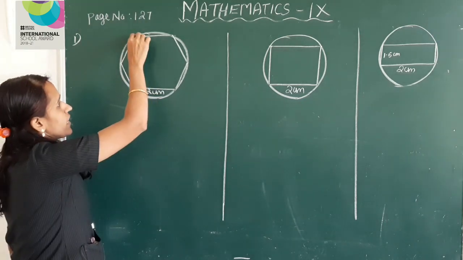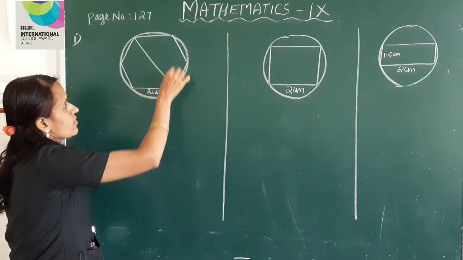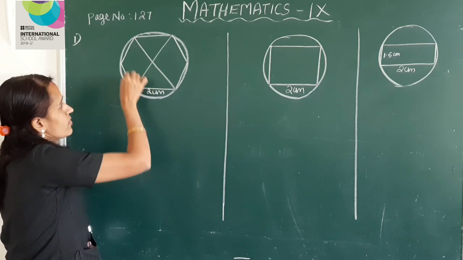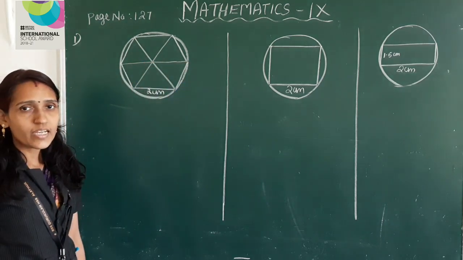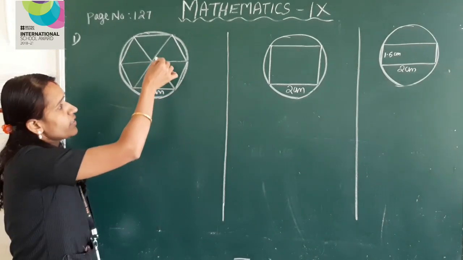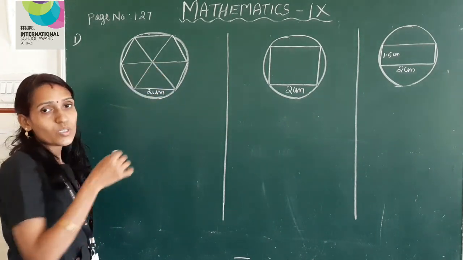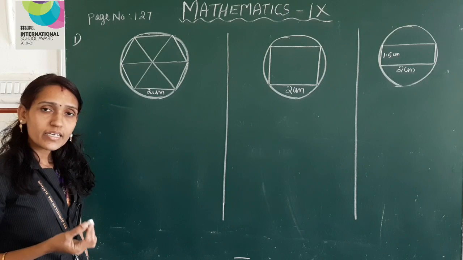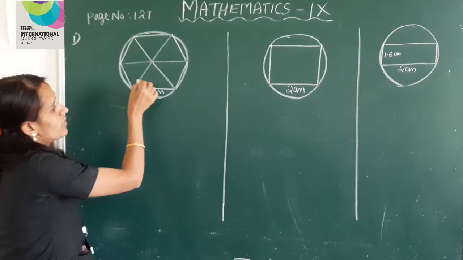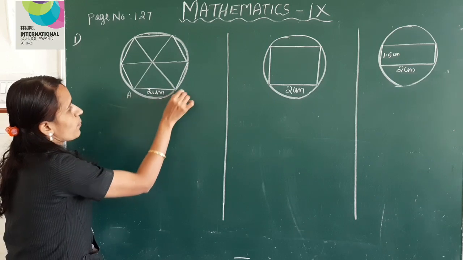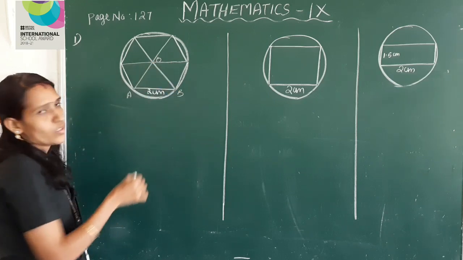Draw its diagonals. These diagonals divide the hexagon into 6 equilateral triangles. Mark it as A, B, O.